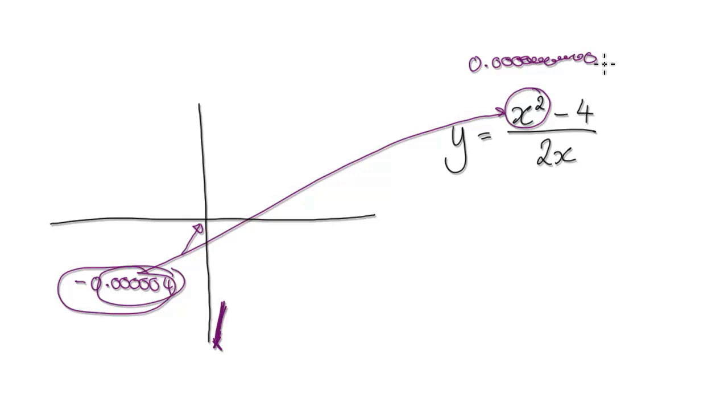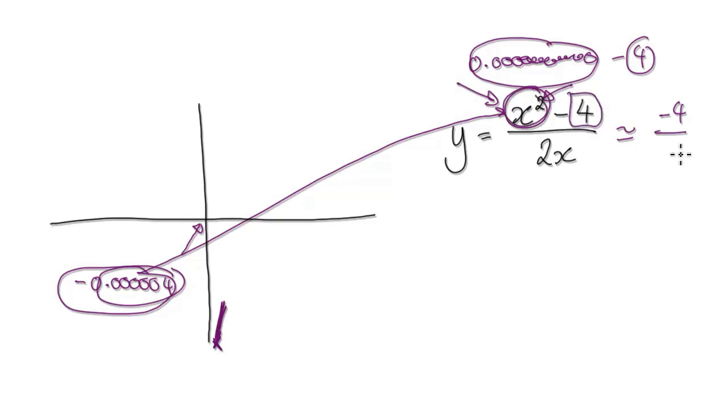But anyway, when you take away 4, don't forget this is a positive because you've just squared it. And then you take away 4, this thing here, the numerator, is just going to act like roughly a -4, because this thing here is just irrelevant in comparison to the 4.